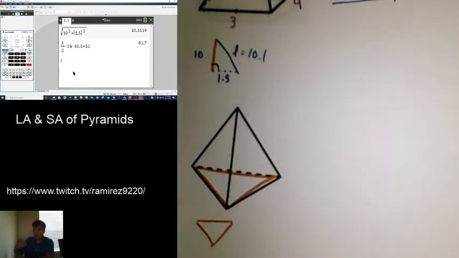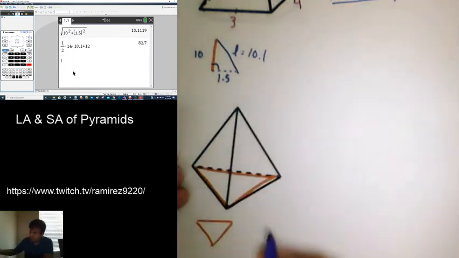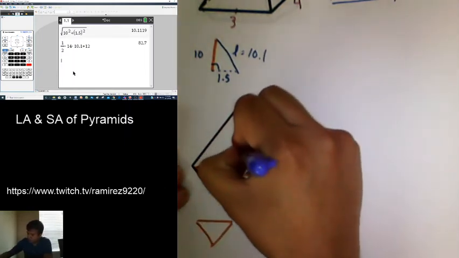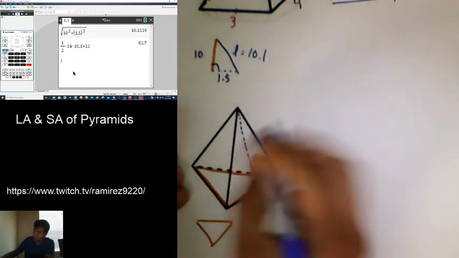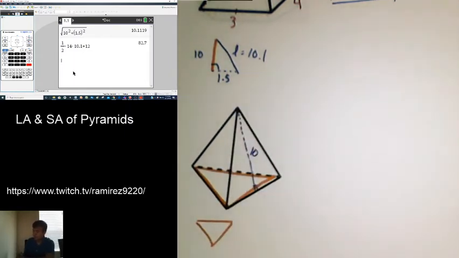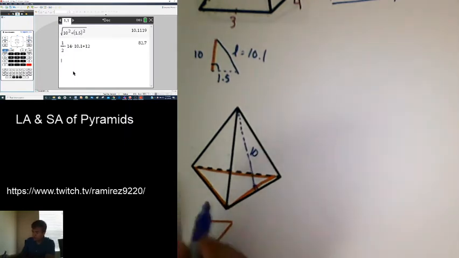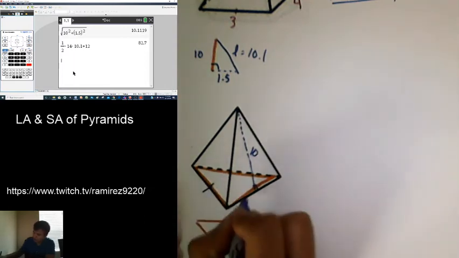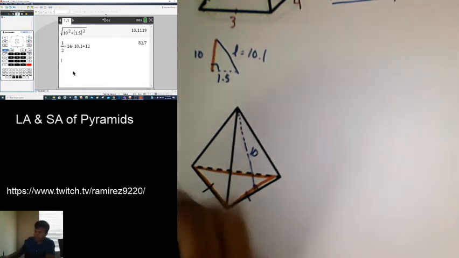Now let's just say that the following were the numbers that I gave you. Let's say that I had already given you the slanted height, and that the slanted height was 10. Let's say these two sides were the same and that they were 12s.